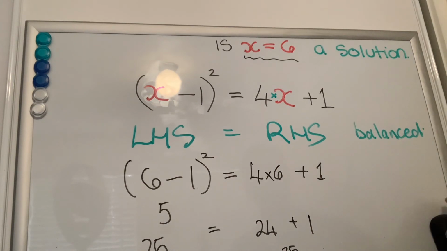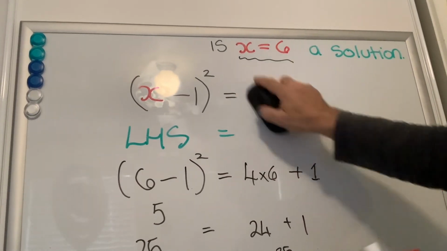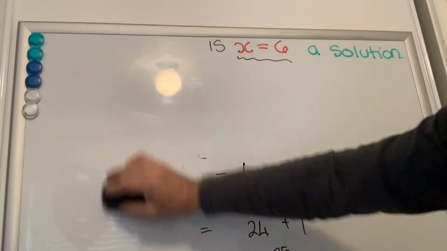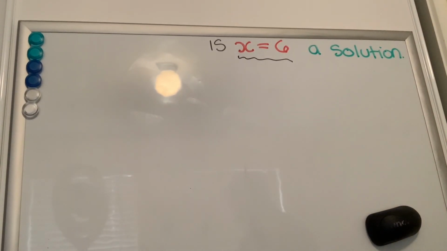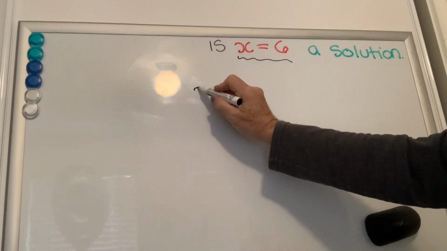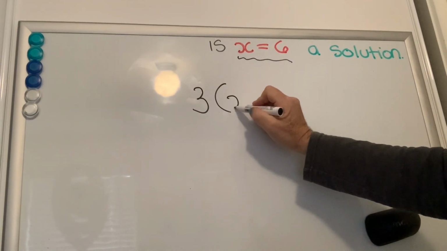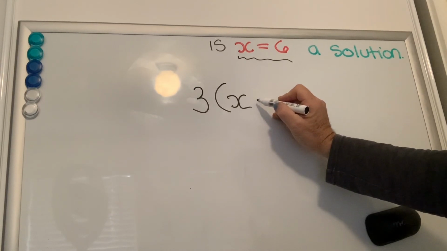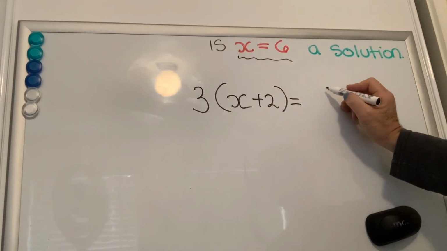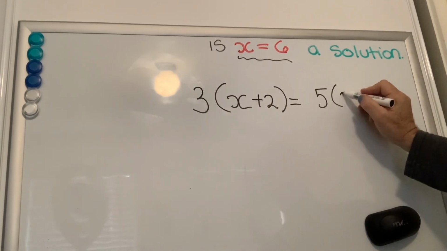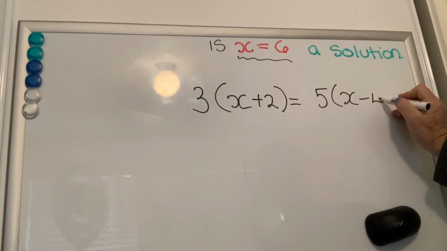Let's have a look at another one. Let's say 3x plus 2 equals 5x minus 4.